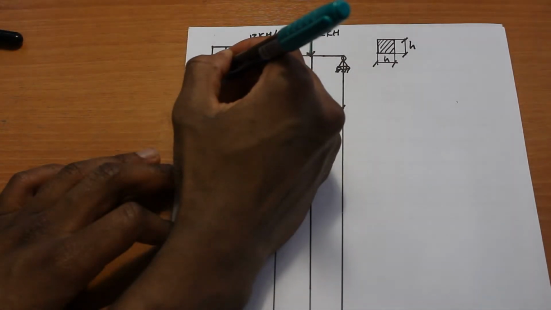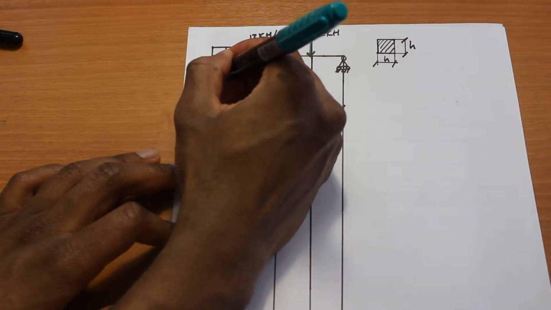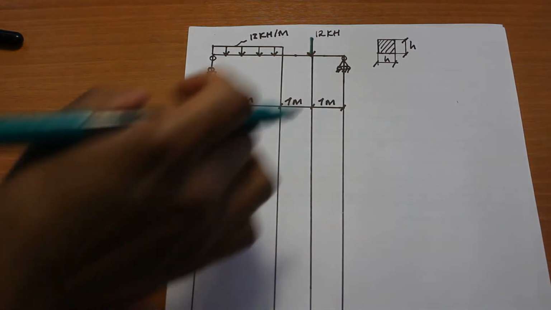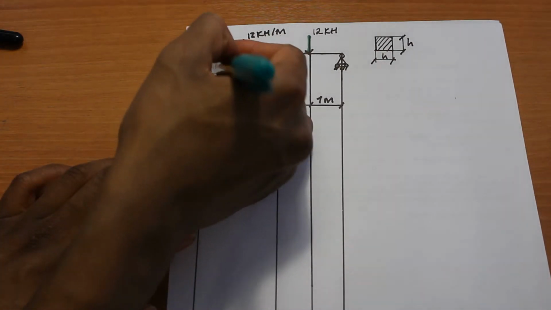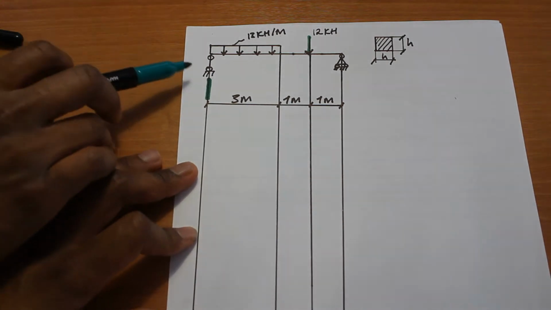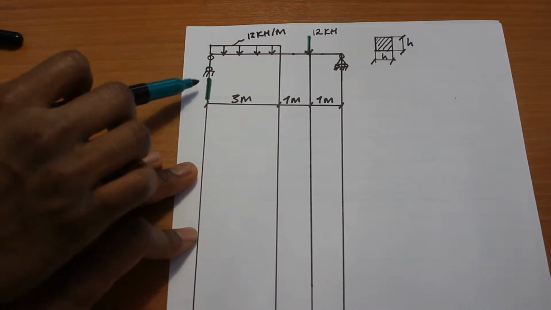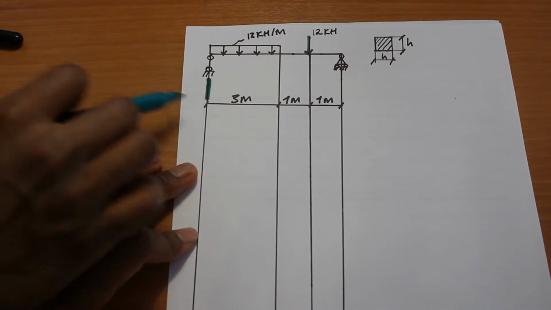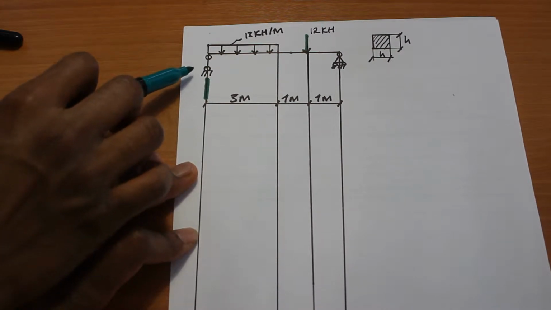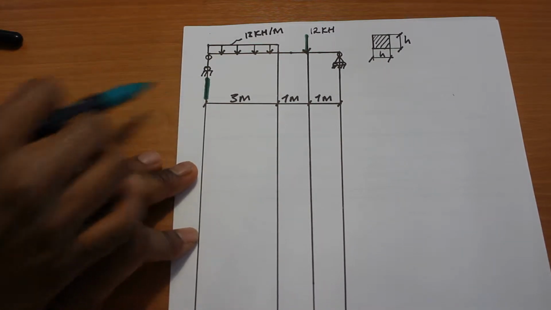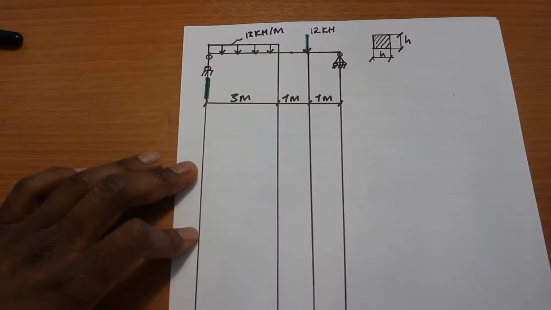At this particular point, I'll put a certain reaction to replace this beam support, because in my calculation I won't be using the support, but instead I'll be using the force that I determine after I've replaced the support with this force. Notice that I do not indicate the direction in which this reaction is acting, because I do not know yet.